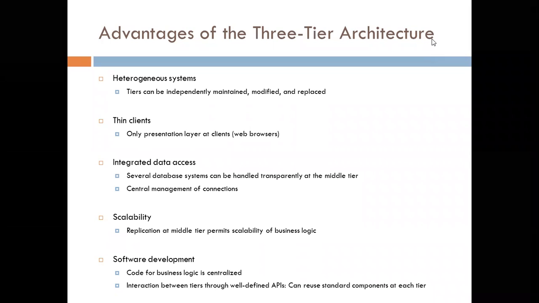If an application is capable of handling 500 clients today, and it has to be upgraded to handle 2000 clients, that ability should be there. Or if some additional things need to be added, it is possible if we follow three-tier architecture without having to change the other two layers.